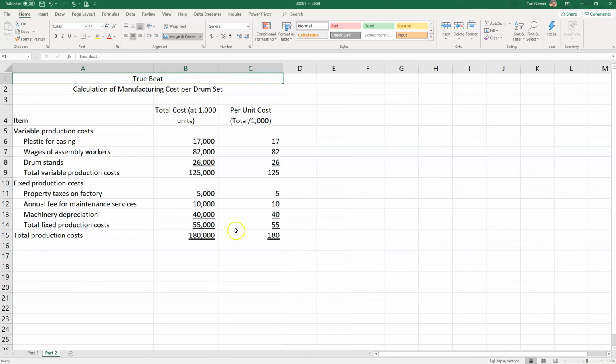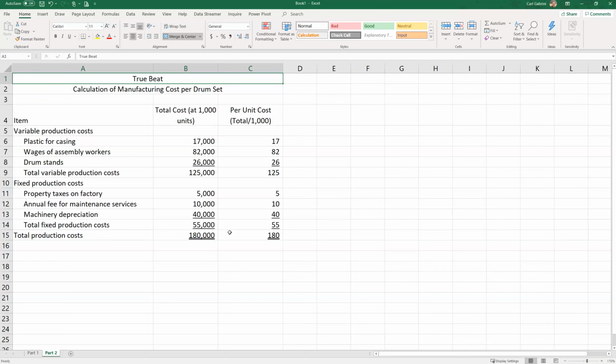Okay, so now, what do we have for the last two parts, part 3 and part 4? Part 3 states, and again, if you're following along, page 563 in the text, this is problem 14-1A on the bottom half of that page. Number 3 says, assume that 1,200 drum sets are produced in the next year.